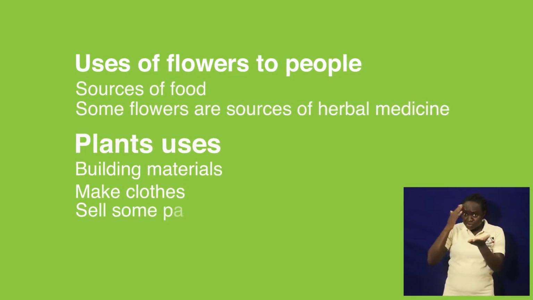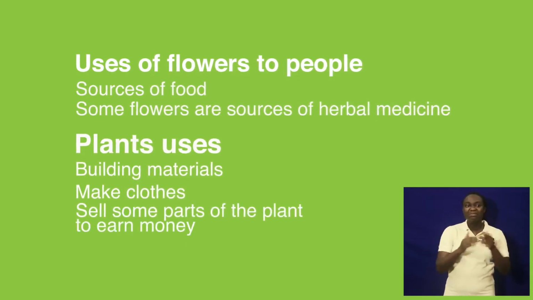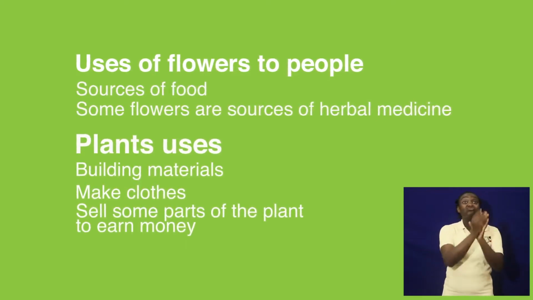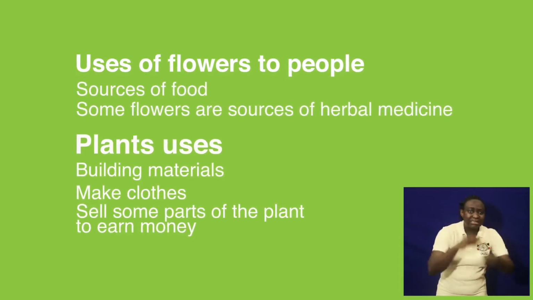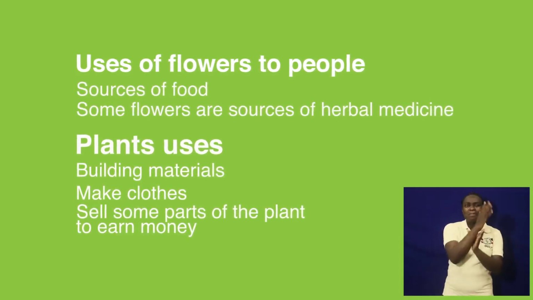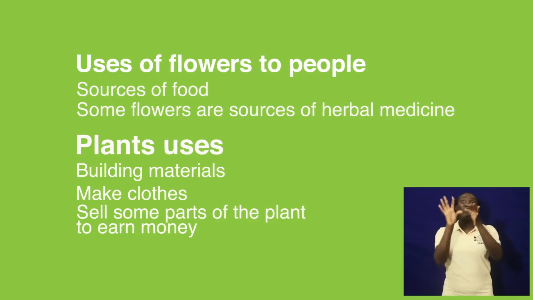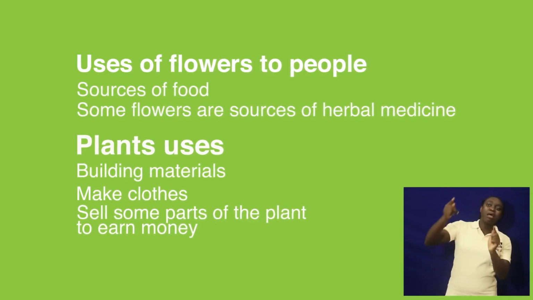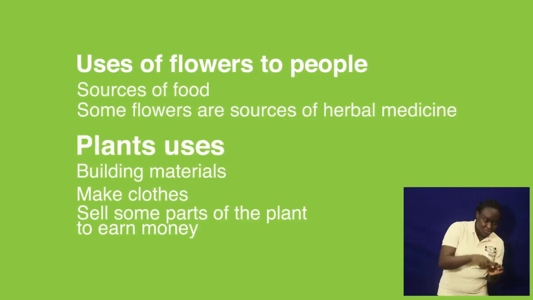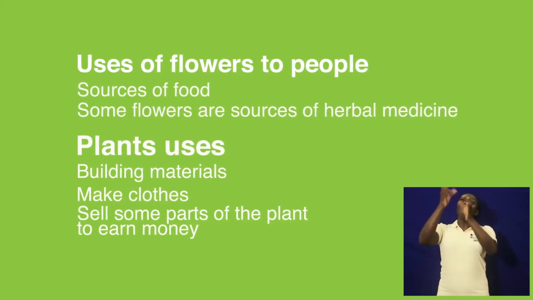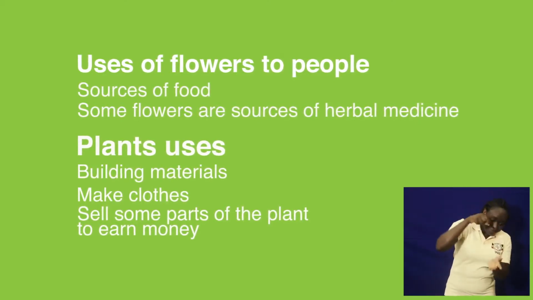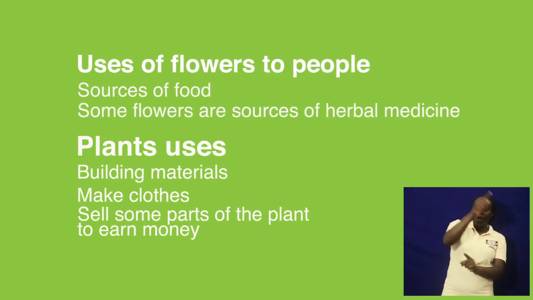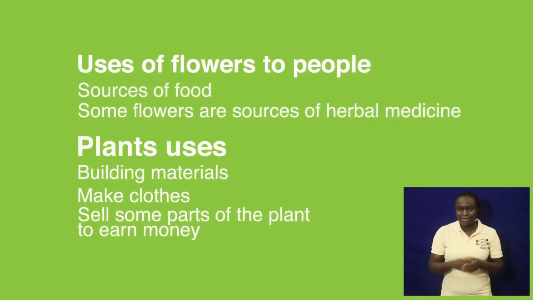We sell some parts of the plants to earn money. Talking about the plants, because the plants and the flowers move together. The flowers make the seeds, then we plant the seeds, and then they grow into these plants, and then we get these other benefits from the plants and the flowers.